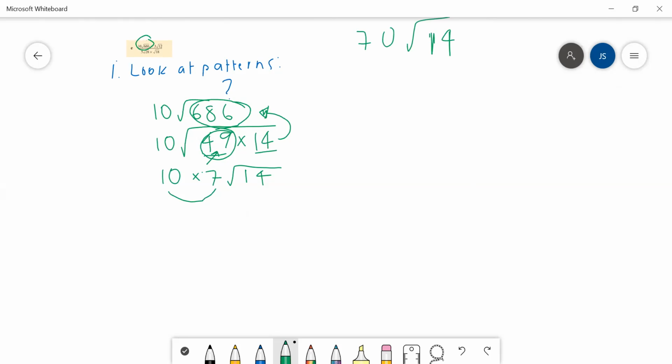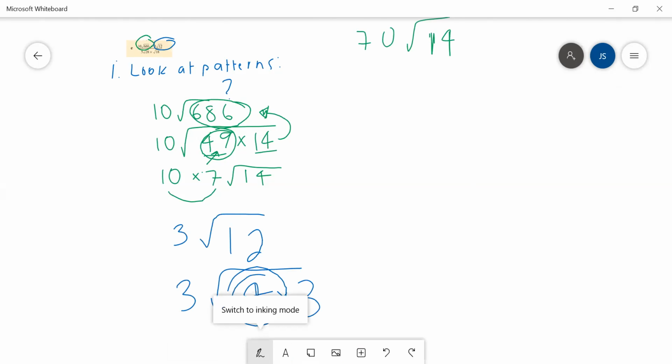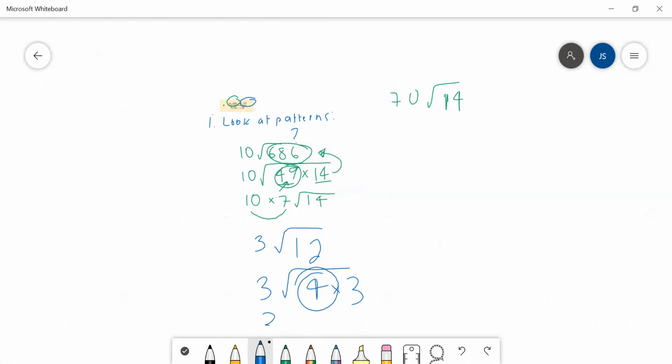All right. Next number, let's do 3 square root of 12. I already said that two multiples that gave me 12 are 4 and 3. 4 is a perfect square number, so I can simplify that. So 3 times 2, because square root of 4 is 2 and it gets moved out. Square root of 3. So that number here is simplified as 6 square root of 3.